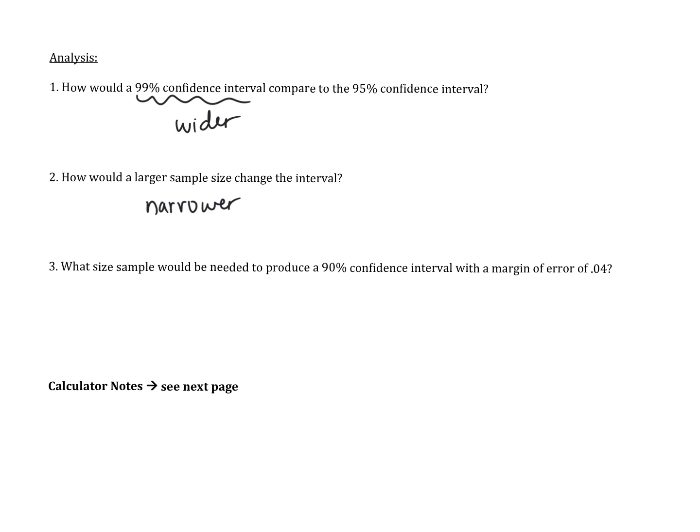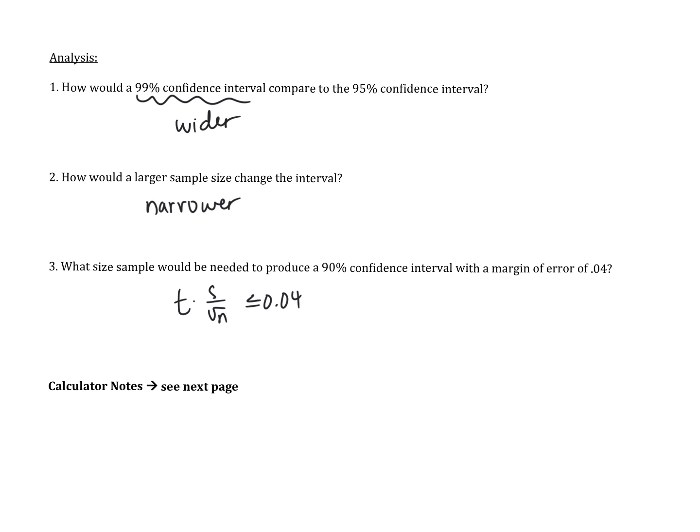Okay, what sample size would be needed to produce a 90% confidence interval with a margin of error of 0.04? So we would have our t times s over root n. We want it to be less than or equal to 0.04. Now, here is the difficulty. If we don't know the sample size, can we figure out t? No, right? T is based on degrees of freedom, which is based on the sample size.